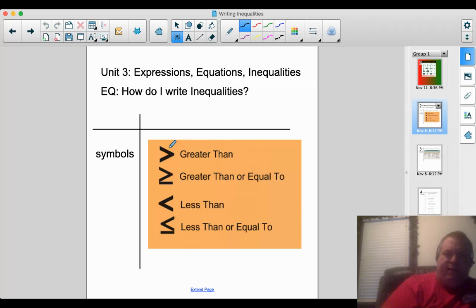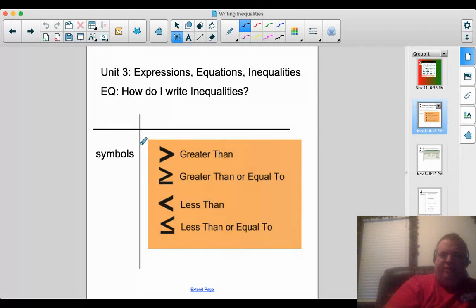Okay, and the way to remember which is which, you probably learned the alligator eats the bigger number or something similar, is to remember that we read a math sentence just like we read an English sentence, left to right. So if you have two numbers here, the first number and the second number, the alligator is eating the first number.